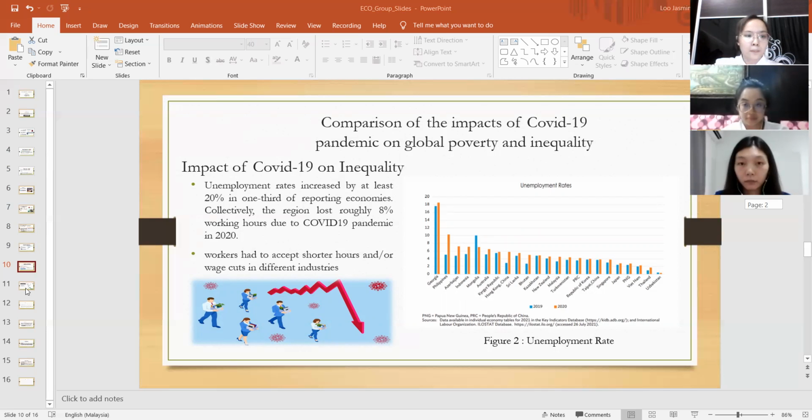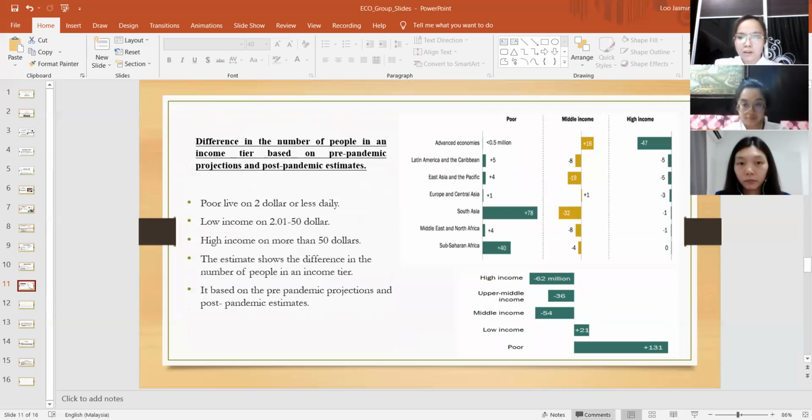Next, based on the diagram, you can see the estimate shows the difference in the number of people in an income tier based on pre-pandemic projection and post-pandemic estimate.